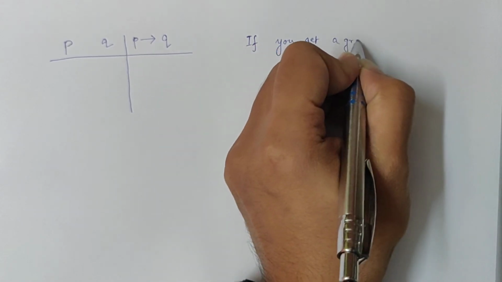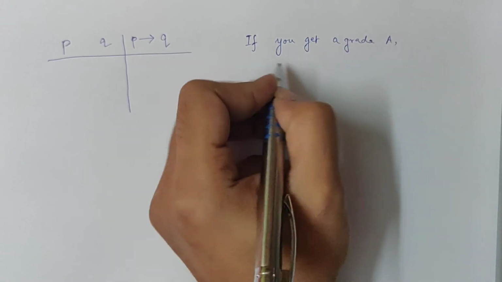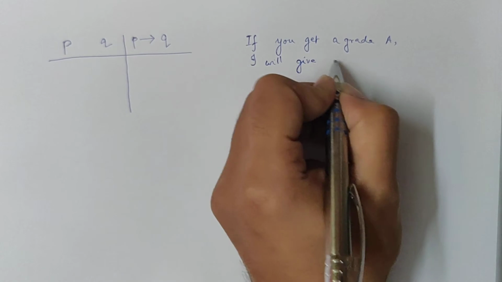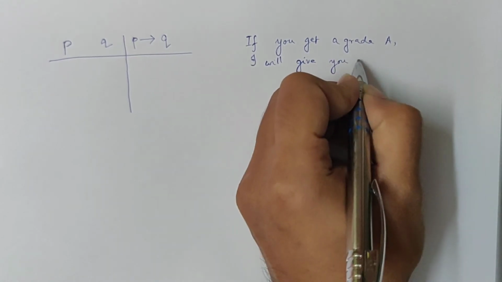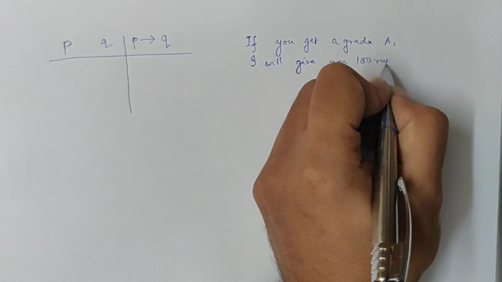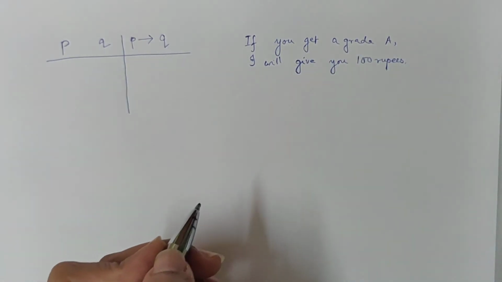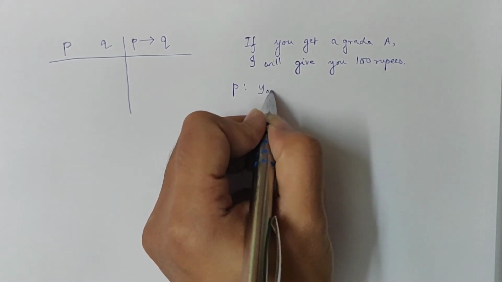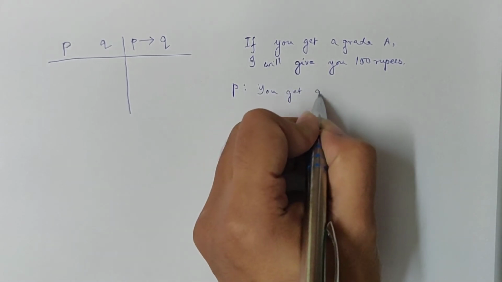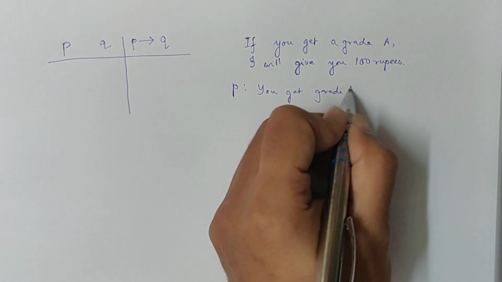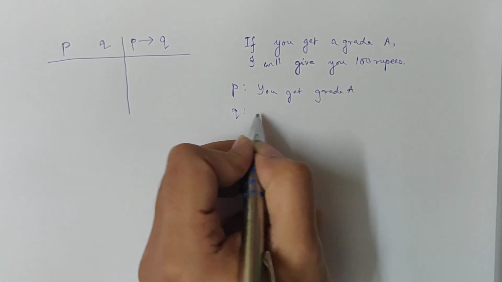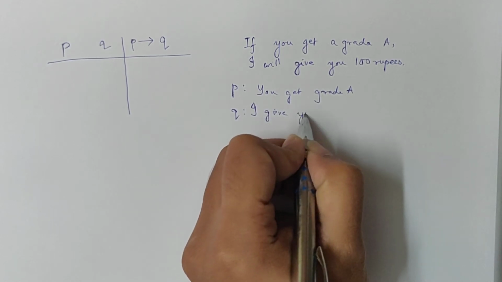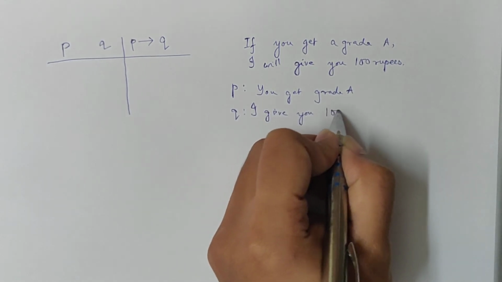If you get a grade A, I will give you 100 rupees. So here P is you get grade A, and Q is I give you 100 rupees.